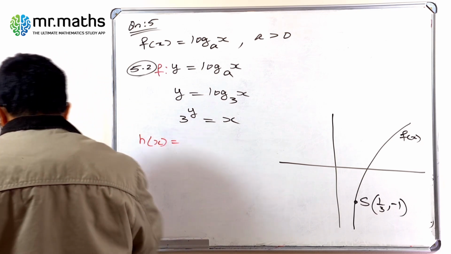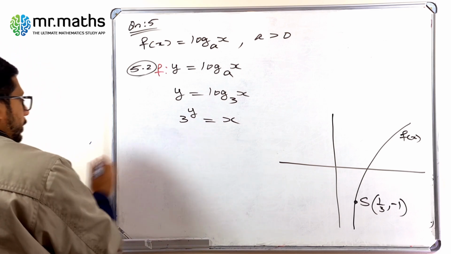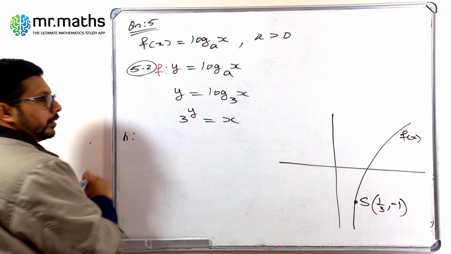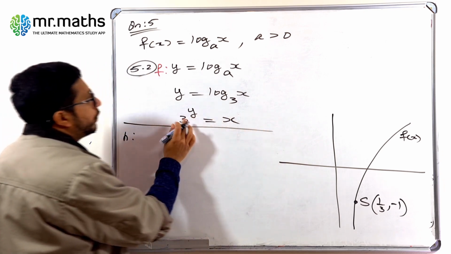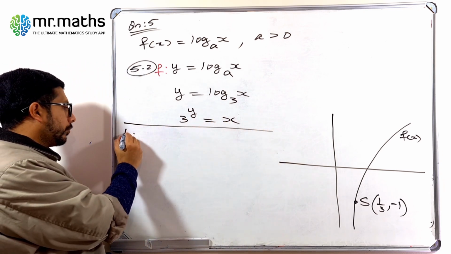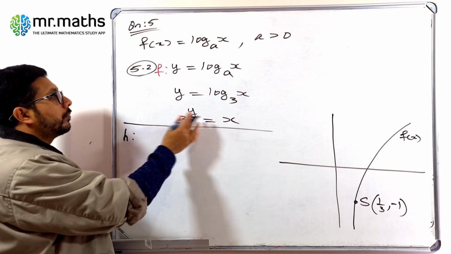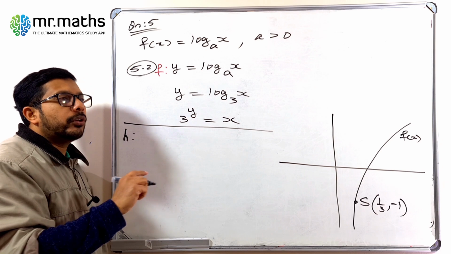Let me write it like this. This is h. We are going to write the inverse now. This is our f graph, 3 raised to y is equal to x. I'm going to write h of x as the inverse of this one.